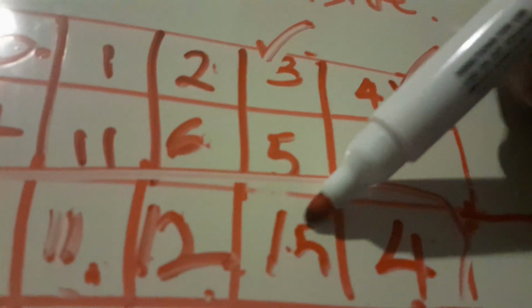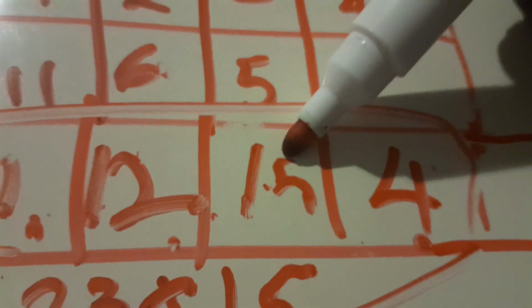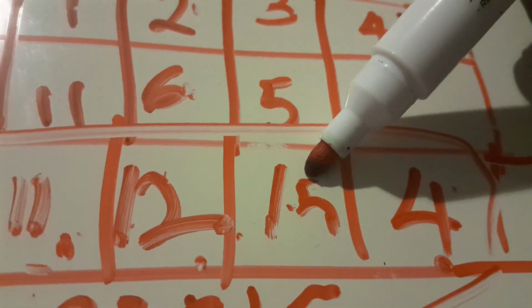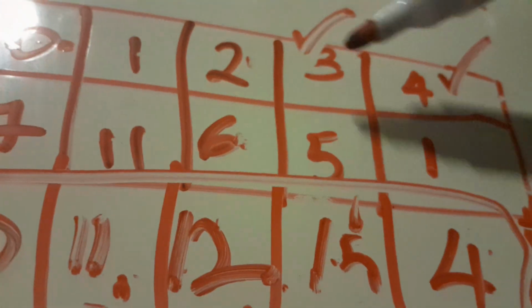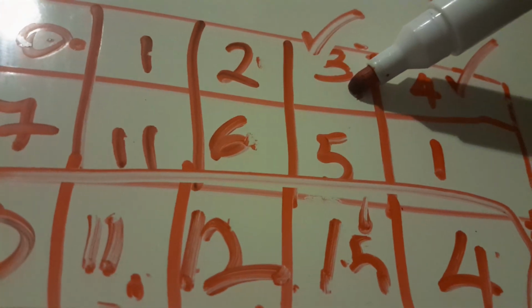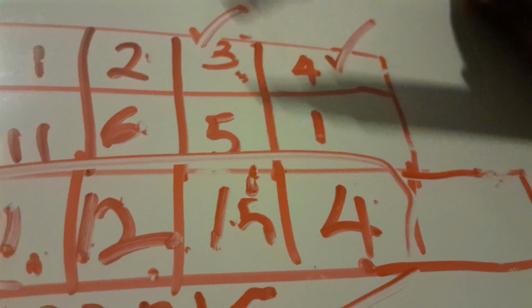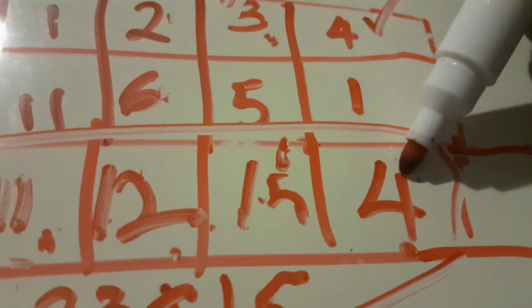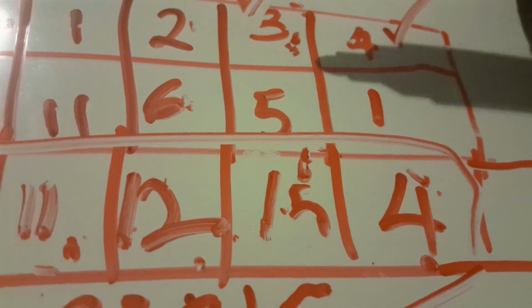And out of those 42, 15 outcomes plus 4 outcomes satisfy the event. What is the event?